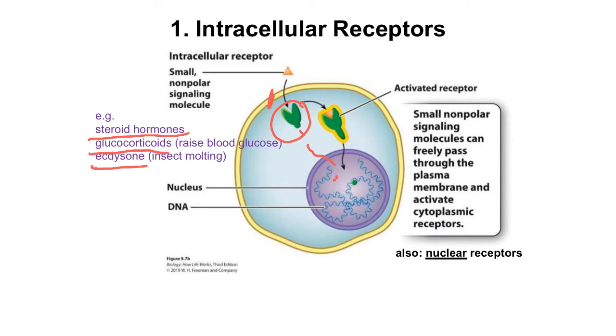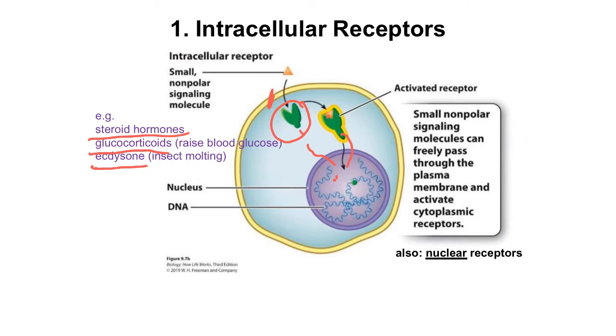the intracellular receptor is found in the cytosol, and upon the binding of the small nonpolar signaling molecules, it causes allosteric activation of the receptor, and as a result of that, this activated receptor gets translocated or moves into the nucleus and triggers a specific response.